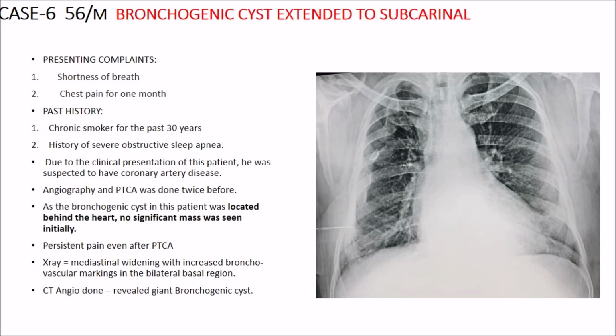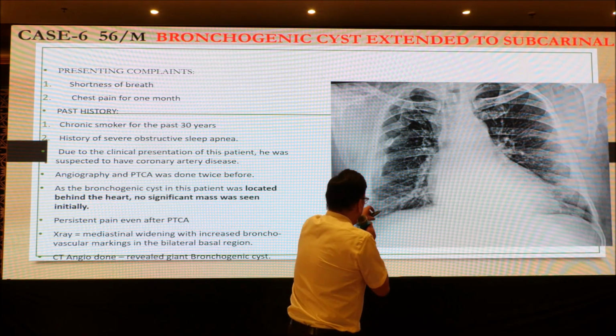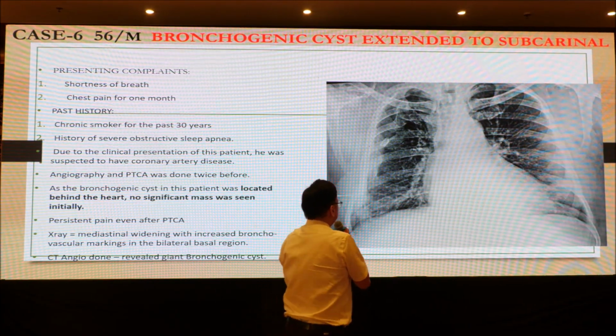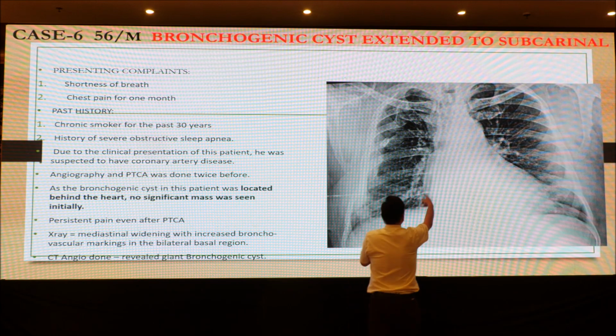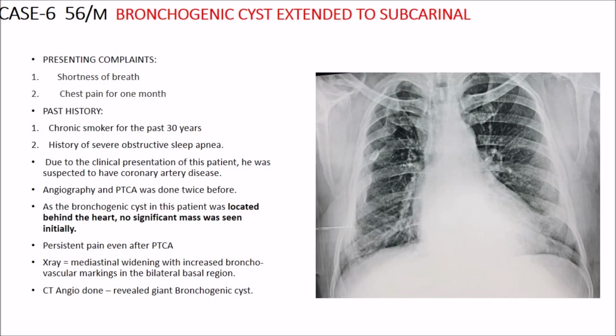So the cardiologist did a CT angio, and from this image, you cannot make out, but if you see closely, something is wrong here. So in the next image I'll show you.